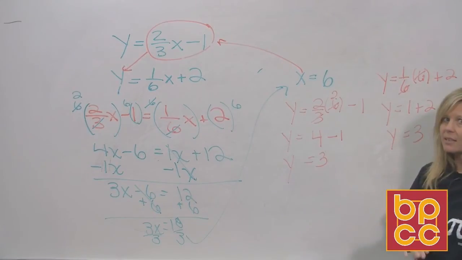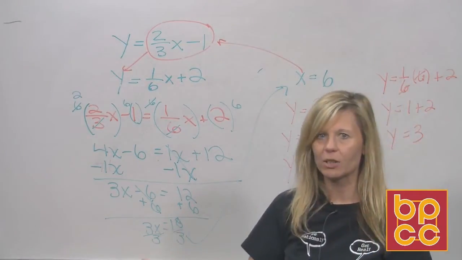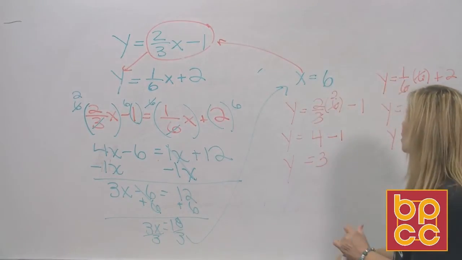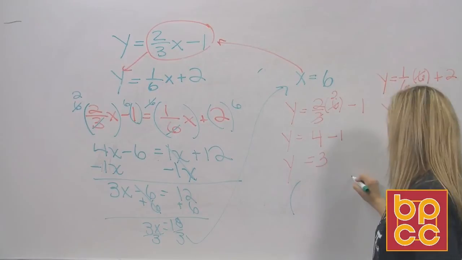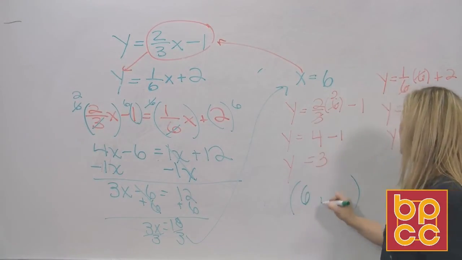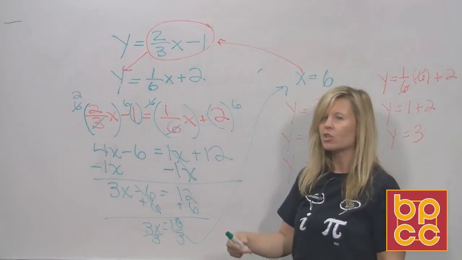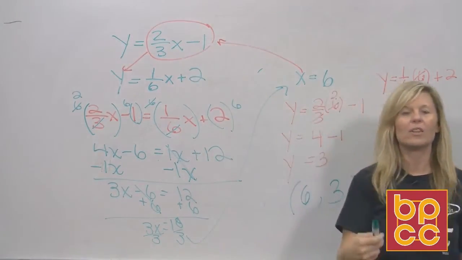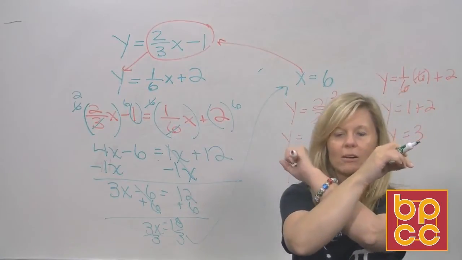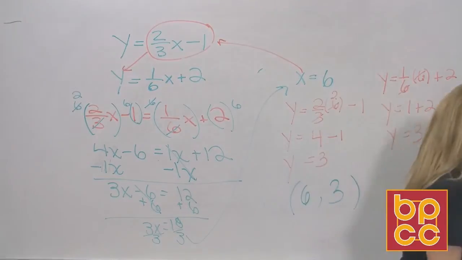So see, it doesn't matter which equation you go back to get the other value. The most important thing is you have to write this as an ordered pair, a point. And x goes first. It's in alphabetical order: 6 with a comma, and y goes second. So without drawing a picture, we found out where these two equations would intersect. So far, so good? Great. Let's go back to the notes.